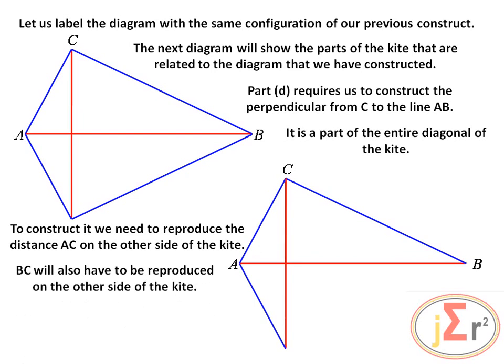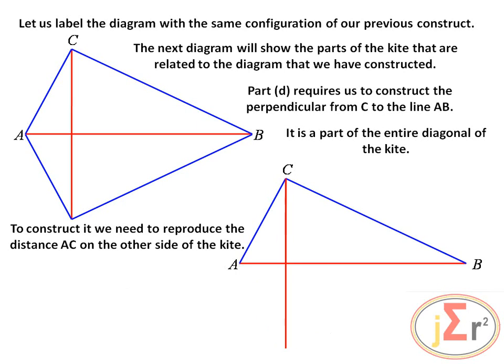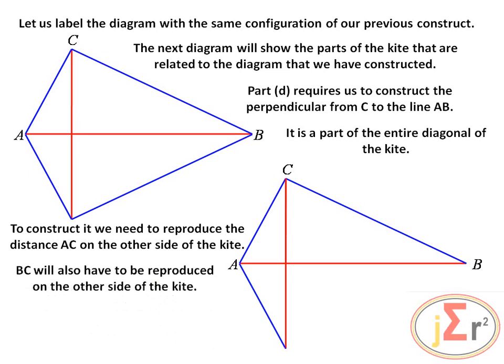And BC will also have to be reproduced. So what we have is a triangle, but we want to reproduce the kite, of which the triangle is a part, and that is done by reproducing AC on that side like that, and also reproducing BC on the other side.